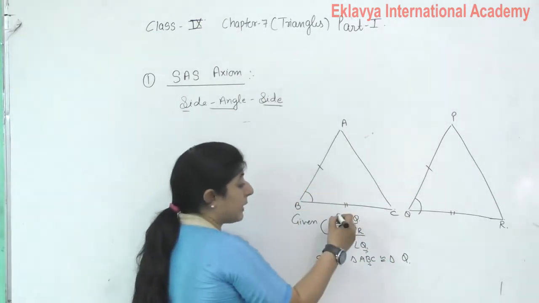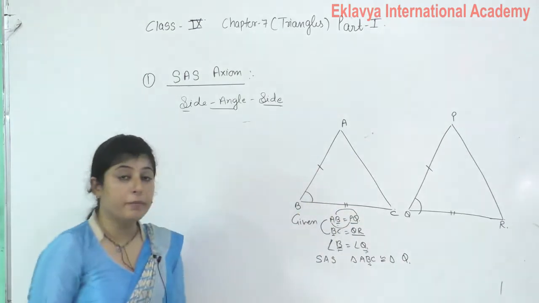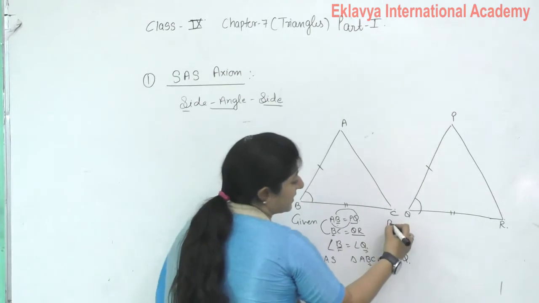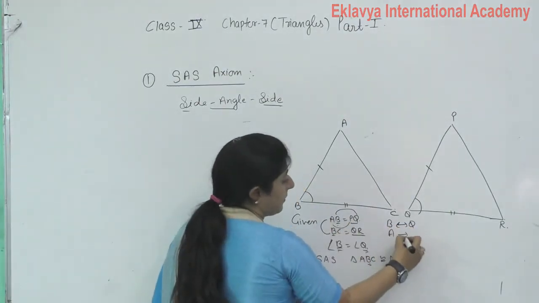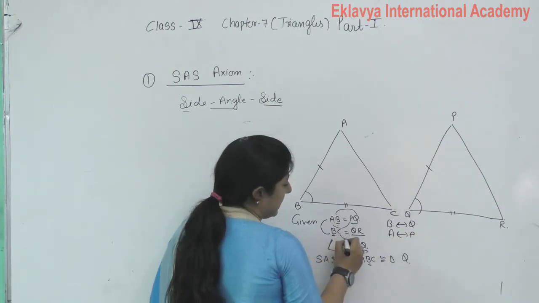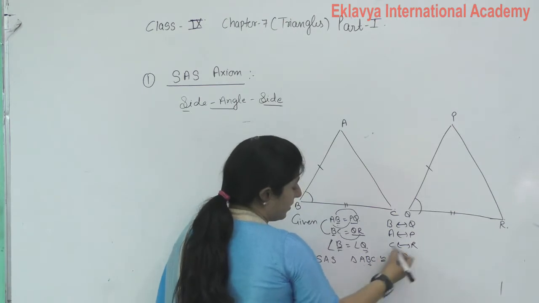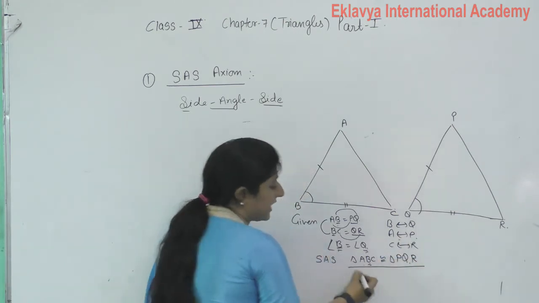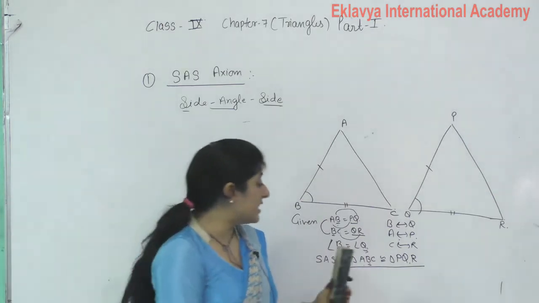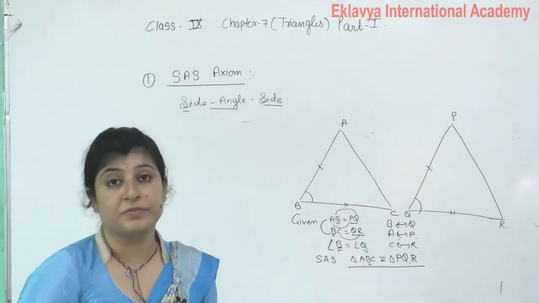Now see, B is related to Q, it means A is related to P, and C is related to R. Then write down P with A, R with C. Then triangle ABC is congruent to triangle PQR.